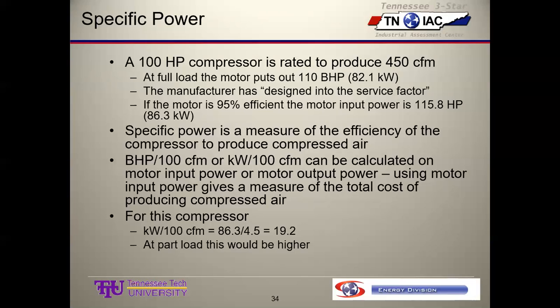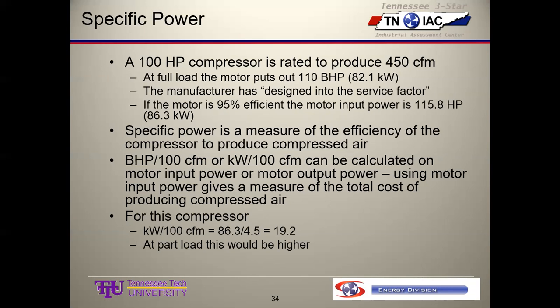Specific power is a measure of the efficiency of the compressor to produce compressed air. As we said before, we can do it in terms of brake horsepower per 100 or kW per 100, or you can do it brake horsepower per 1 CFM. The number is a little more palatable if you do it per 100.